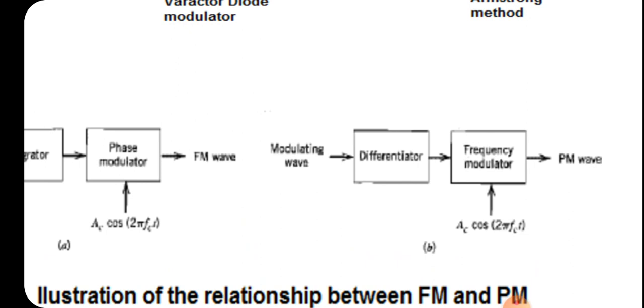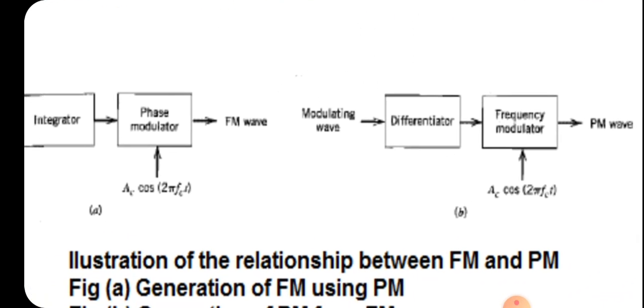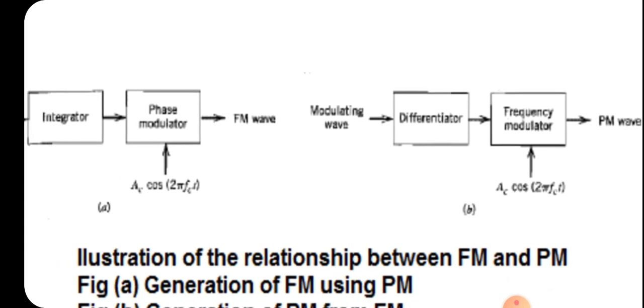Here the FM is the input and PM is the output, whereas in the first figure the PM is the input and FM is the output. Here a differentiator is used, which differentiates the signal. Then it enters the frequency modulator, where the carrier signal is also added, and the phase modulated wave appears.